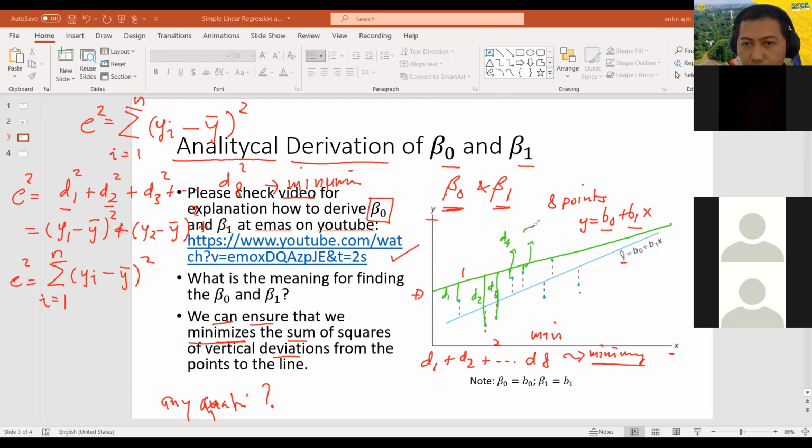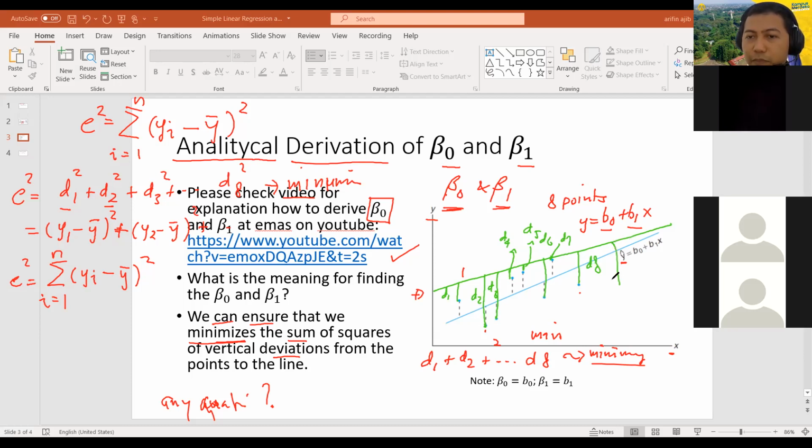Ini D5. Ini D6. Ini D7. Ini jaraknya D8. Kalau kita mau inspeksi secara dihitung benar-benar, hasilnya tidak minimum. Karena kalau ini dikuadratkan, ini bisa sangat jauh sekali. Sangat lebar deviasinya.